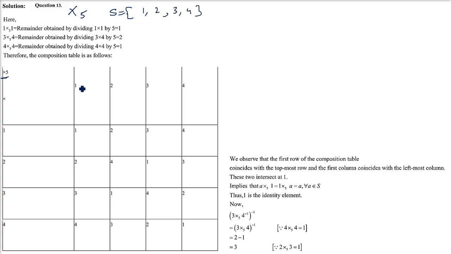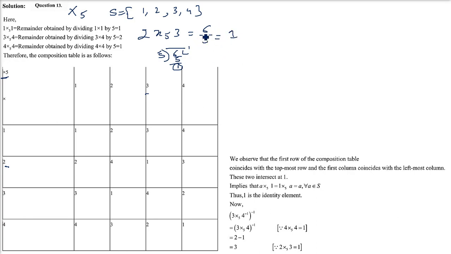So now you know how to make it. I'll tell you one of the values, say 2 and 3 we are taking. So 2 x5 3 means you have to multiply 2 and 3, that will be 6. You have to divide it by 5, and the remainder you have to put. So 5 ones are 5. This 1 will be the remainder that you have to put. Right? Other values you are able to put.